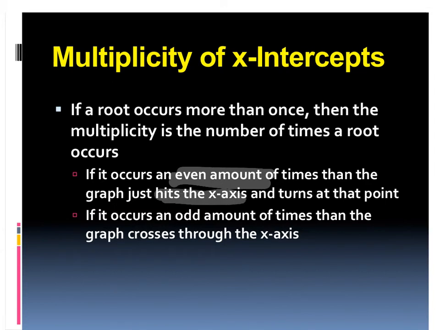So it bounces off. And if it occurs an odd number of times, then it crosses through the x-axis at that point.